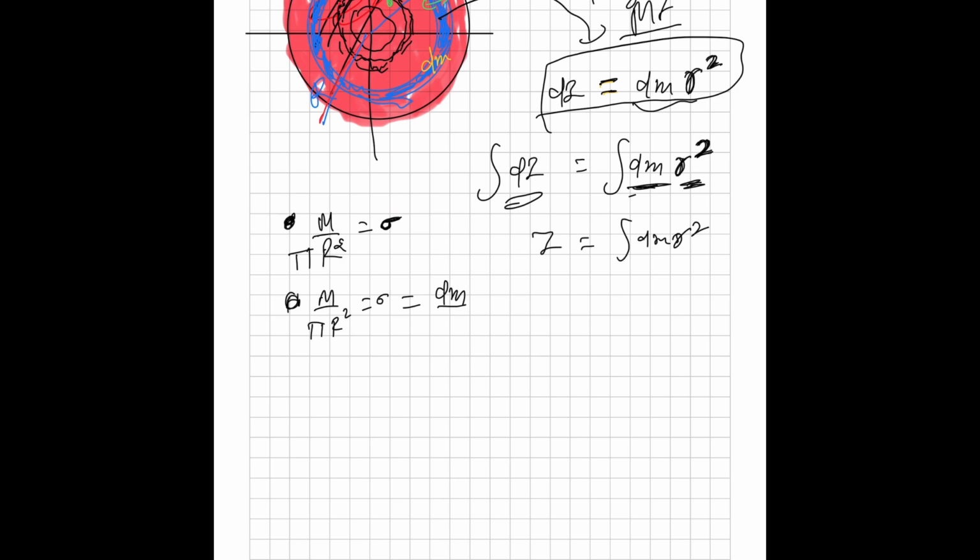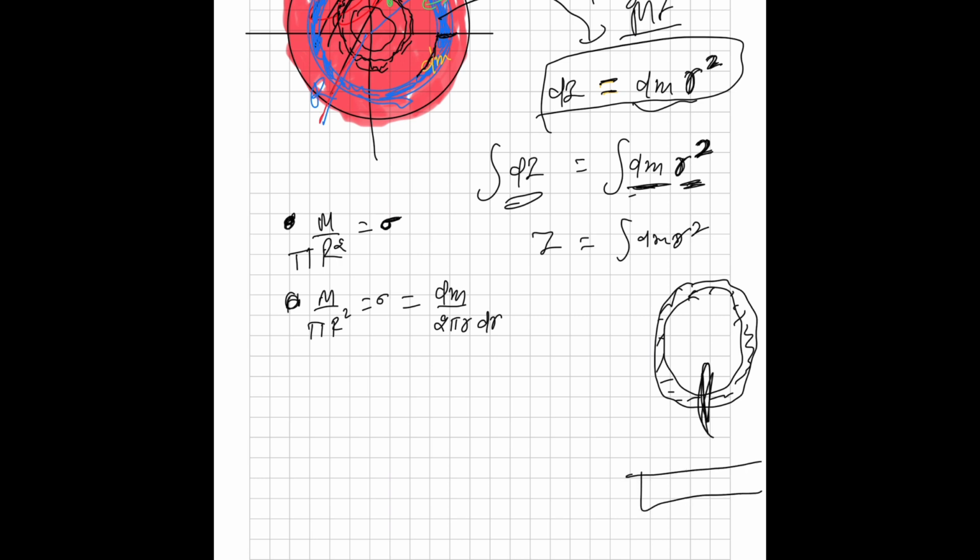Now you would ask, what is the meaning of the area of the ring? Yes, there is some area of this ring. That is the circumference of this elemental ring multiplied by dr. So the circumference is 2 pi r multiplied by dr. If I cut this elemental ring from here with scissors, we can unroll it like this.